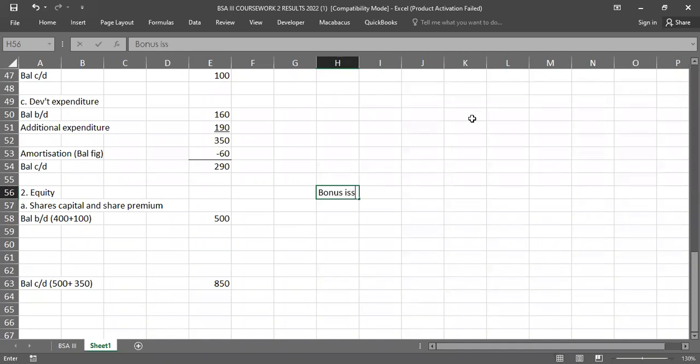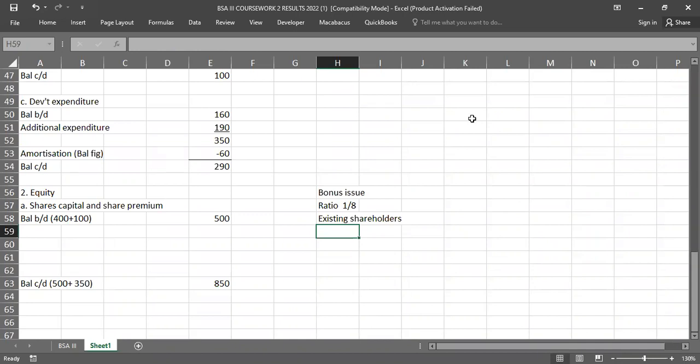Our focus is basically on the ratio, which is 1:8 or 1/8. Our emphasis is on existing shareholders. Who were the existing shareholders before this whole issue? There you look at the opening balance, of share capital only.